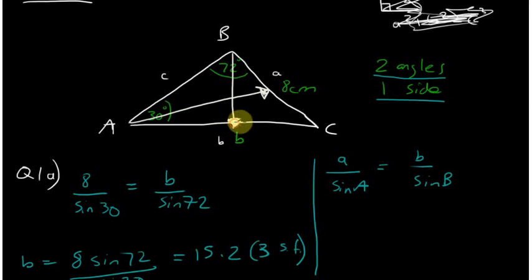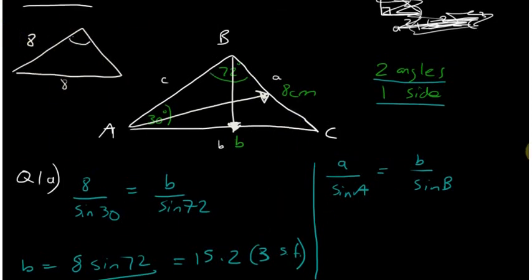And you'll see that sometimes you'll get triangles where you're only given, say, 1 angle and 2 sides, and you'll use a different rule to solve that, or rearrange, but don't worry about that. We're just concentrating on this for now.